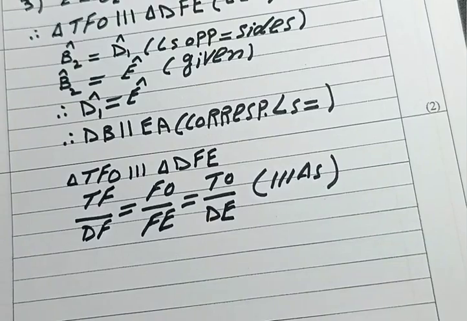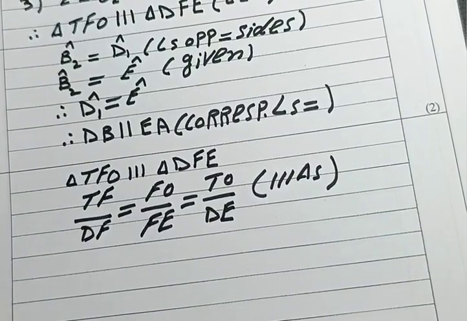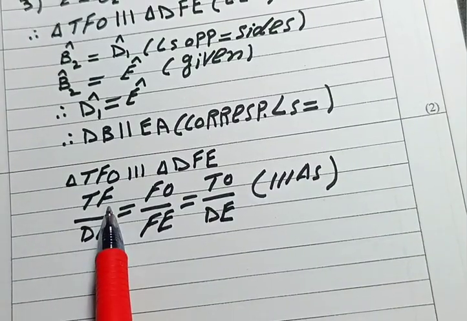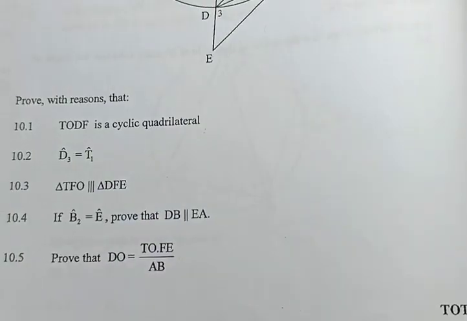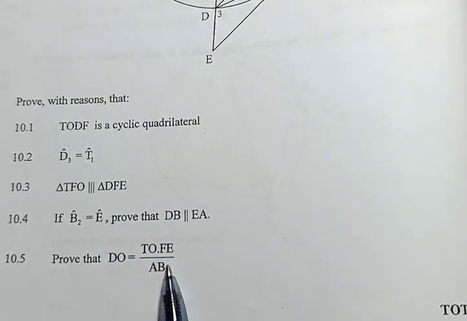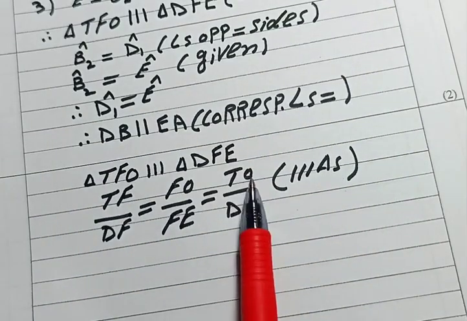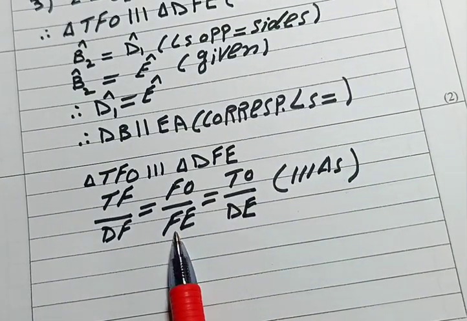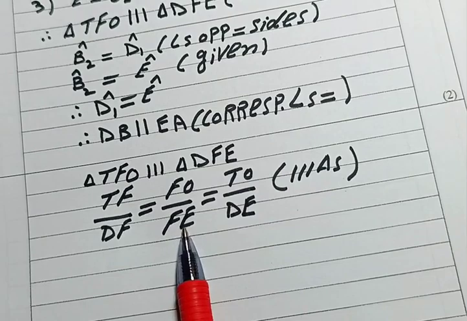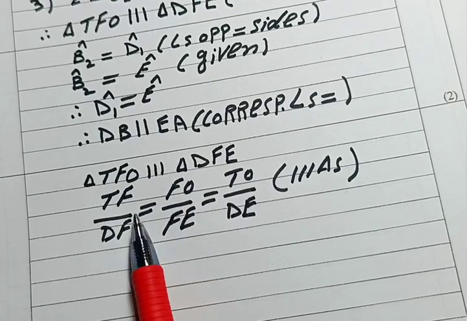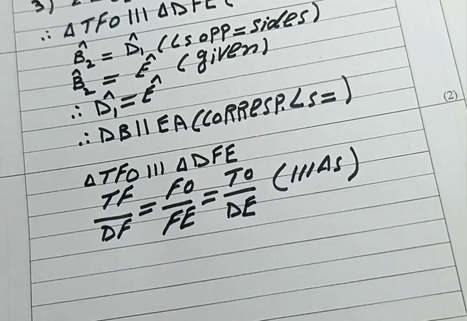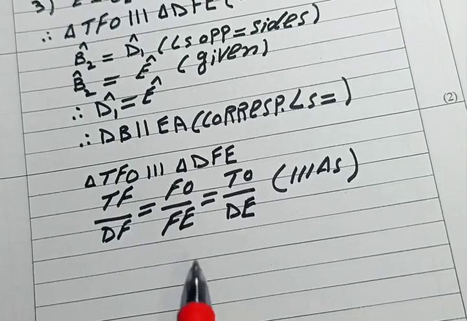Now what do we need to use here? We don't need TF and DF. Why? Because according to the demand of the question we need TO, FE and AB. So we have TO and FE here, and then DE and FO, but the TF and DF we don't need at all. So I'm going to highlight what I need.